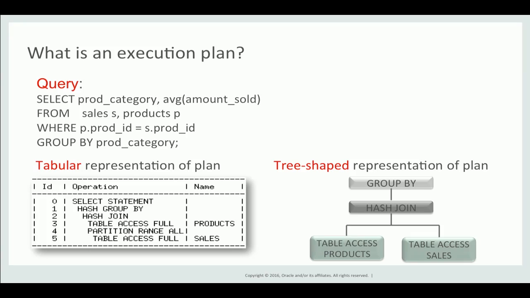We always start typically on the lower left-hand side of the tree. That would be the first table that's accessed. Those rows would flow into the hash join. Now, the hash join can't do anything with just one set of rows. It needs two to complete the join. So then we'd come down, we'd access sales. Then we'd send those rows into the hash join, which would complete the join and produce rows that would go into the group by. Does that make sense? So it's typically a tree.